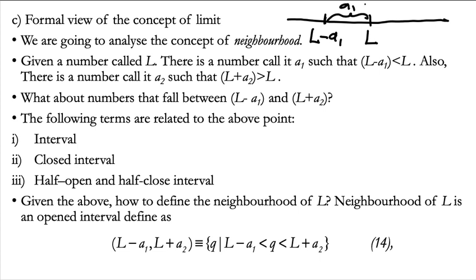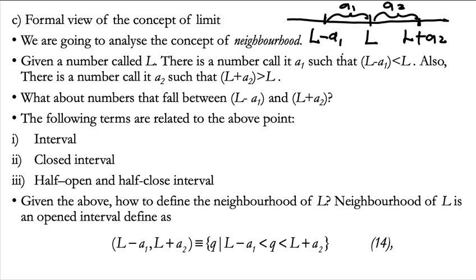A1. Now, let's say we have another number, call it A2, such that when we add A2 to L, then L plus A2 is greater than L. So on this line, if it is greater than L, it must be somewhere here, to the right of L. So we have L plus A2. So here is what we call A2.